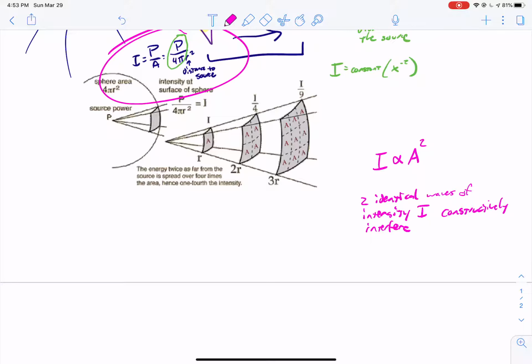And so two identical amplitudes being added together, that's 2a. 2a squared means the intensity of those two waves is 4 times I.